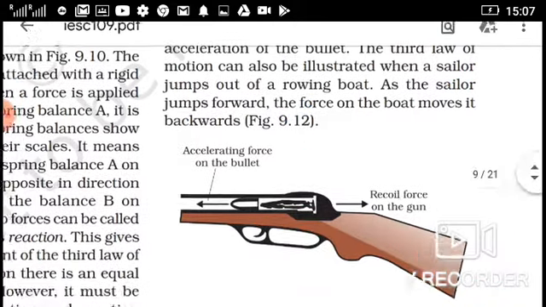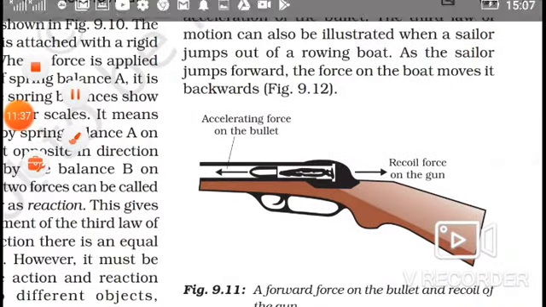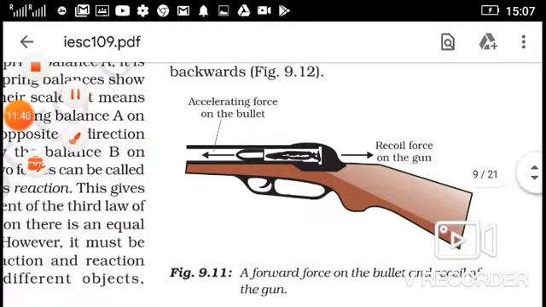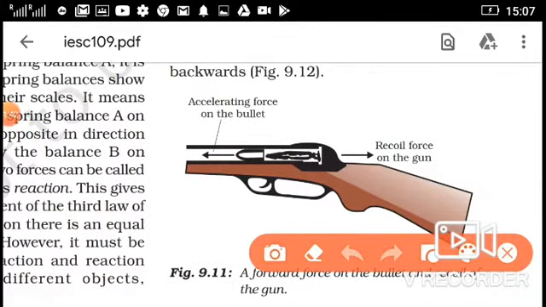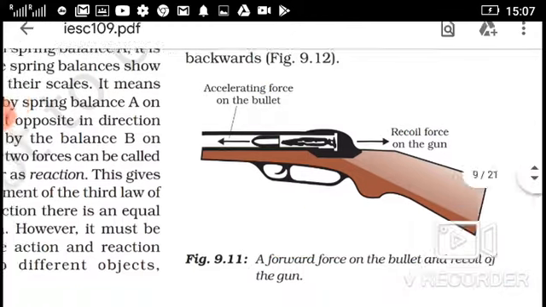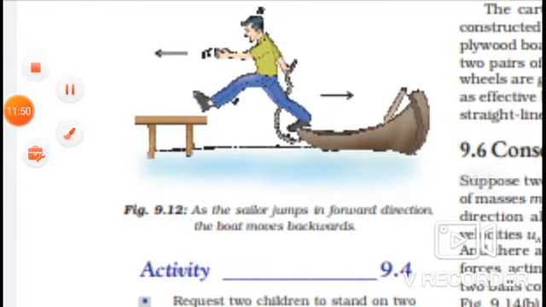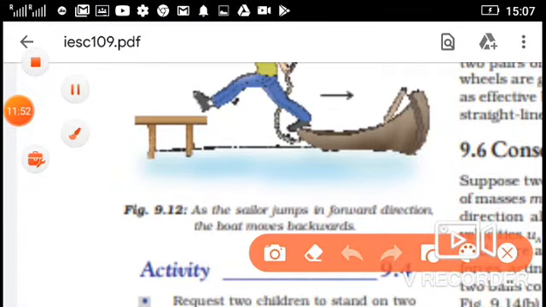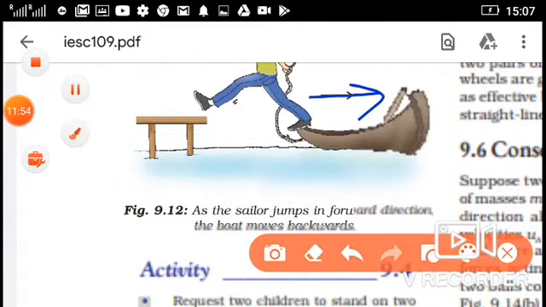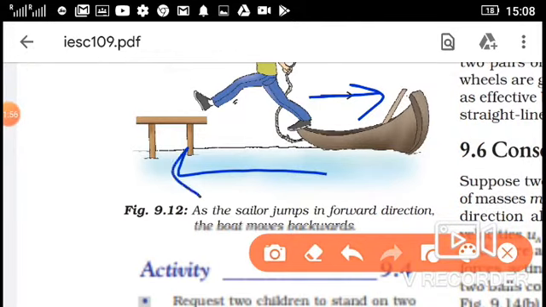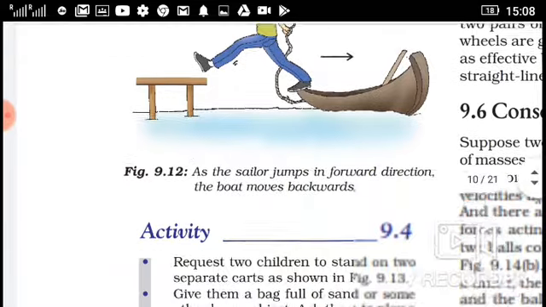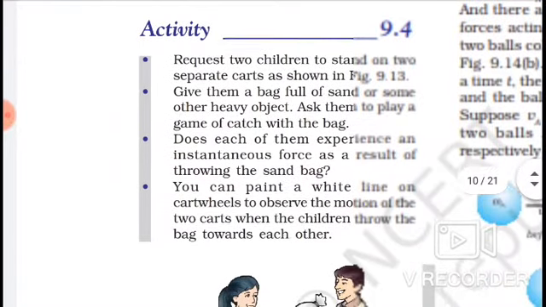You see here in this picture for the bullet, there are two opposite forces, equal and opposite. Now in this figure you can also see that the sailor applies force in the backward direction, and in turn the boat applies force in the forward direction. This is action and reaction. This is the third law of motion.